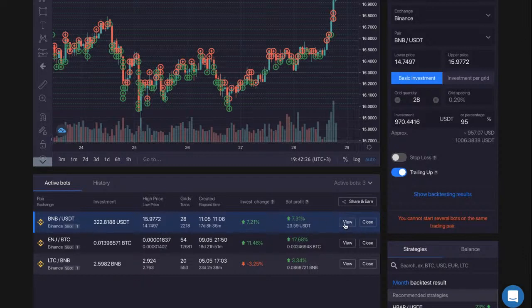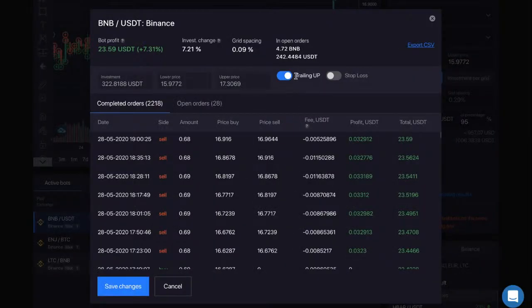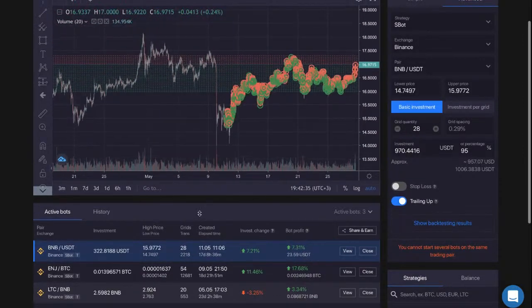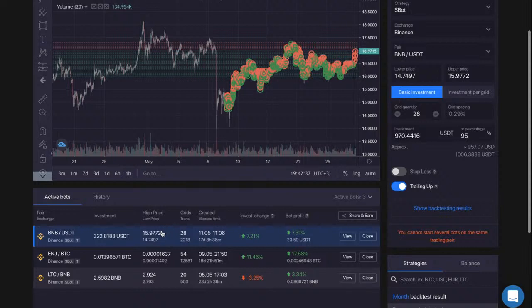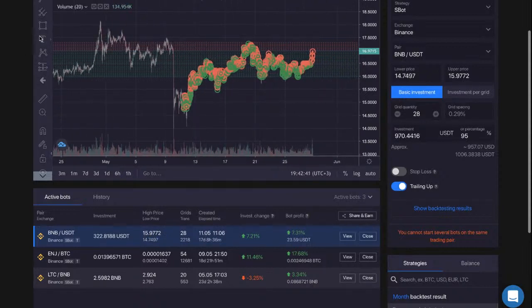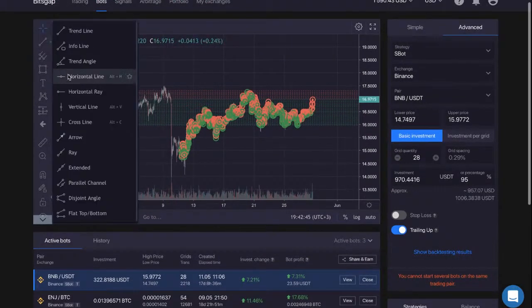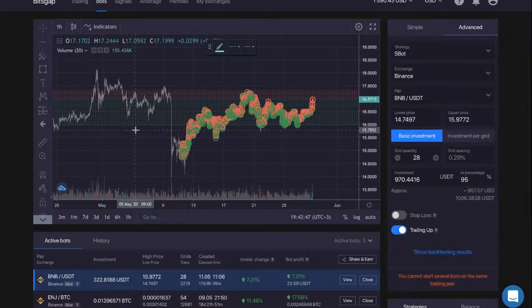So that means that at the time of initiation I had my trading up feature on. And you see that the high price of my trading range for BNB was 15.97. So let's find it on the chart. 15.97. All right, here it is.